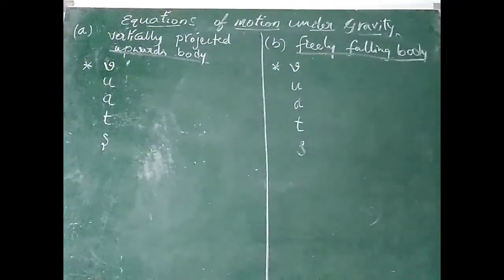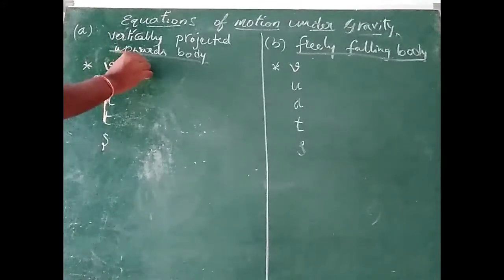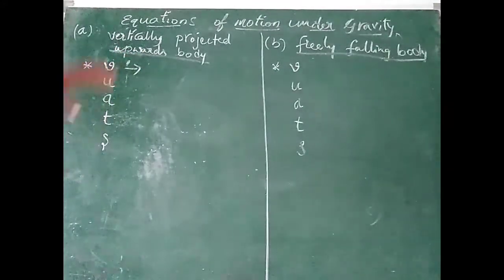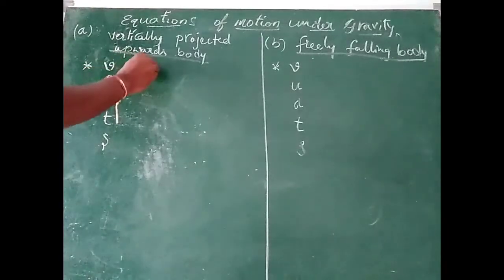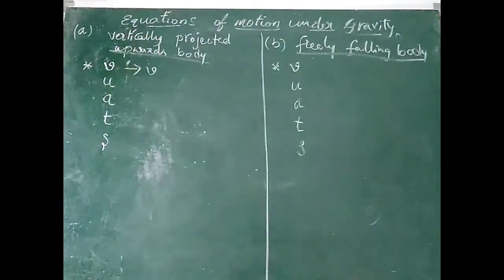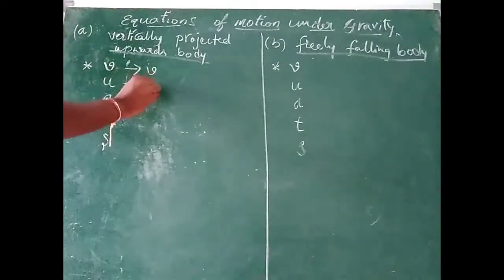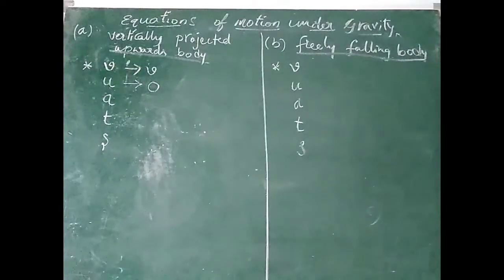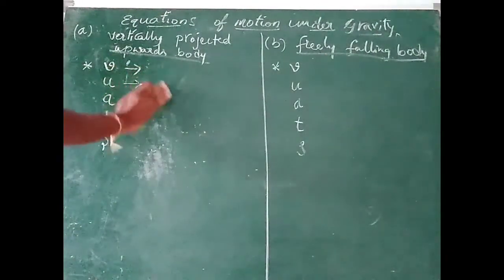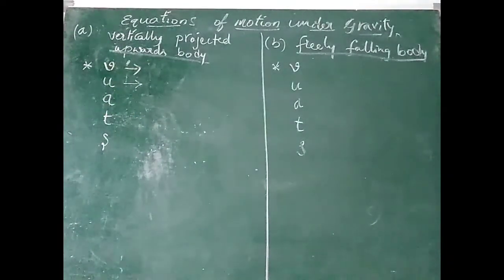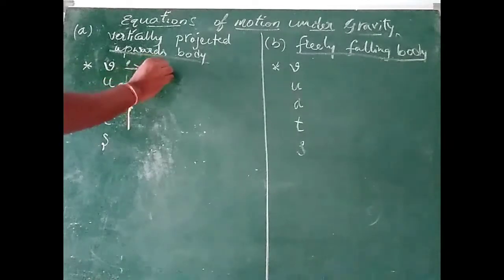So in vertically projected upwards body, V becomes 0.